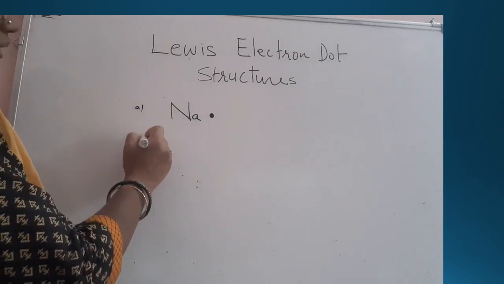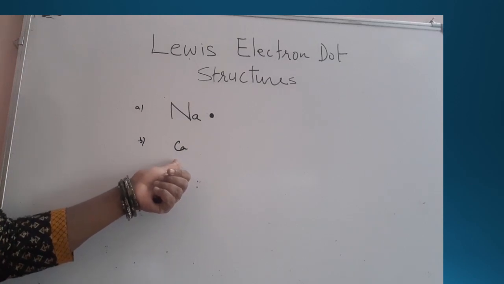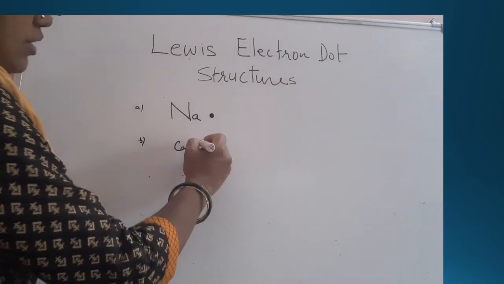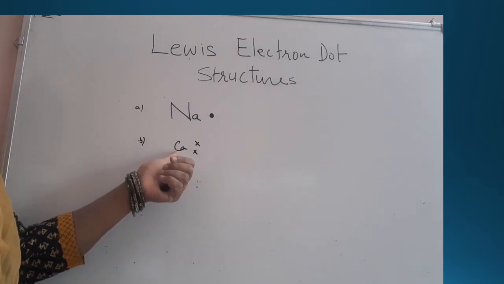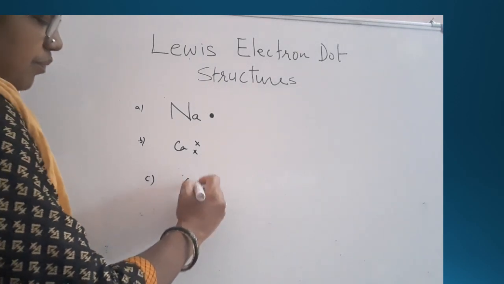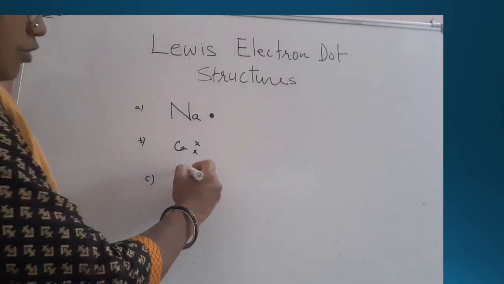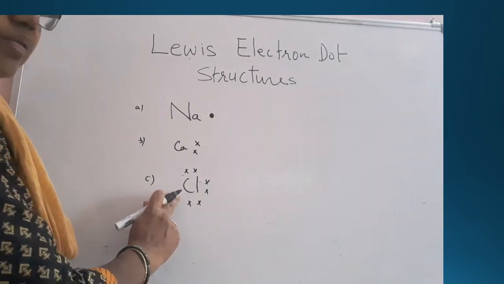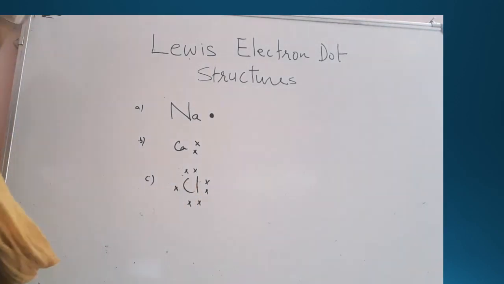Likewise, second, calcium. The electronic configuration of calcium is 2, 8, 8, 2. That means it has two valence electrons, and these two valence electrons we represent by giving 2 crosses along with the symbol of calcium. Likewise, chlorine. The valence electrons of chlorine are 7, so those 7 electrons we write along with the symbol of chlorine: 1, 2, 3, 4, 5, 6 and 7th one.